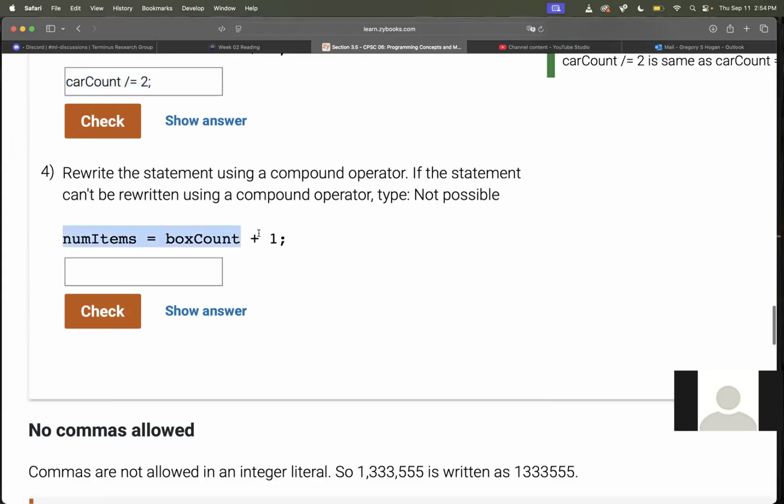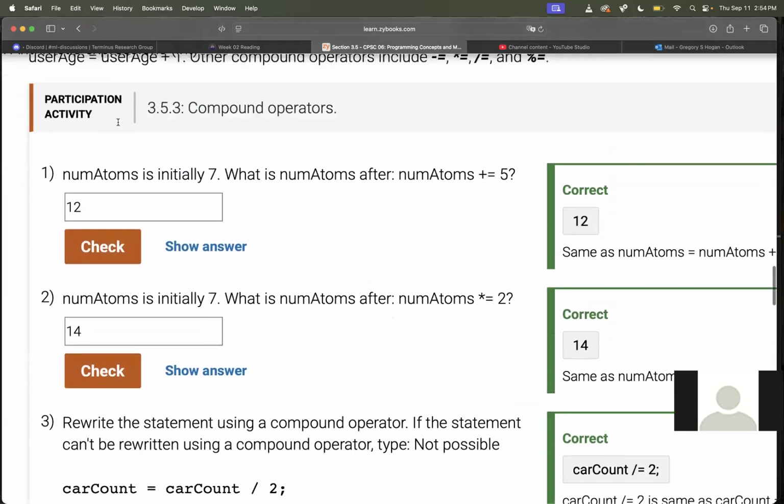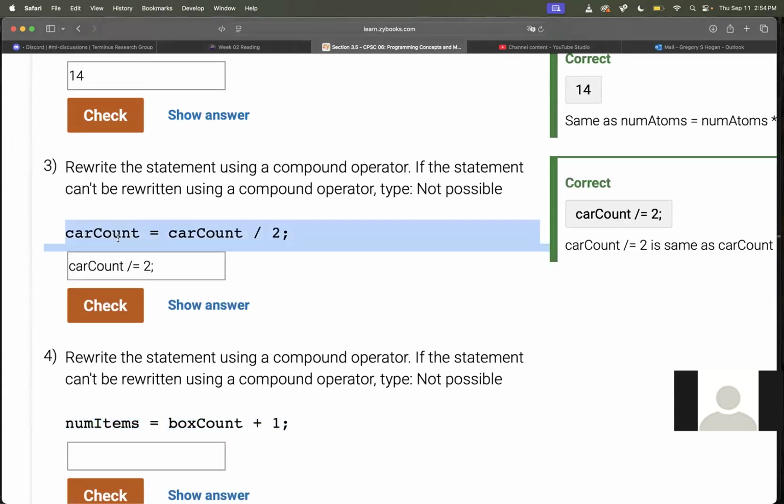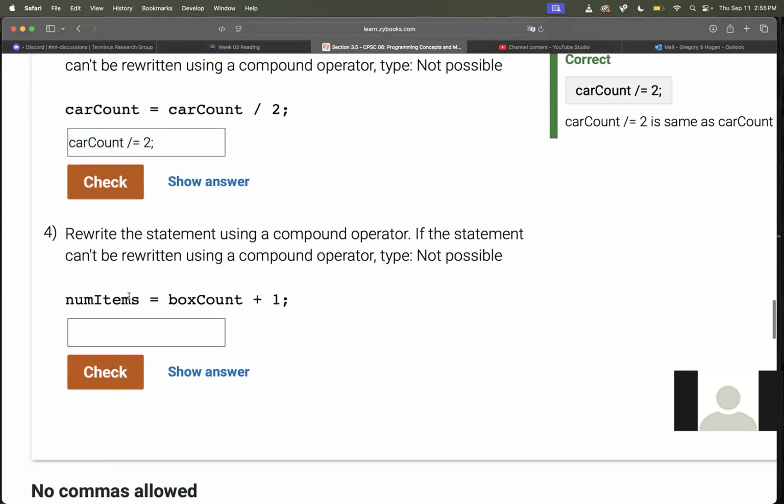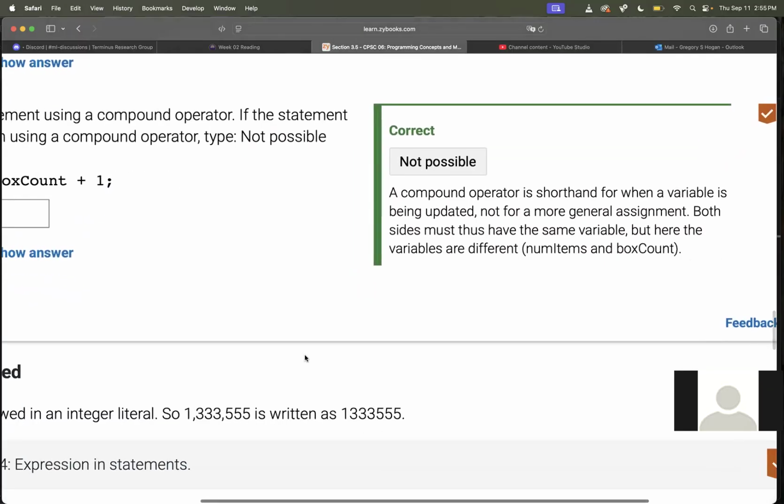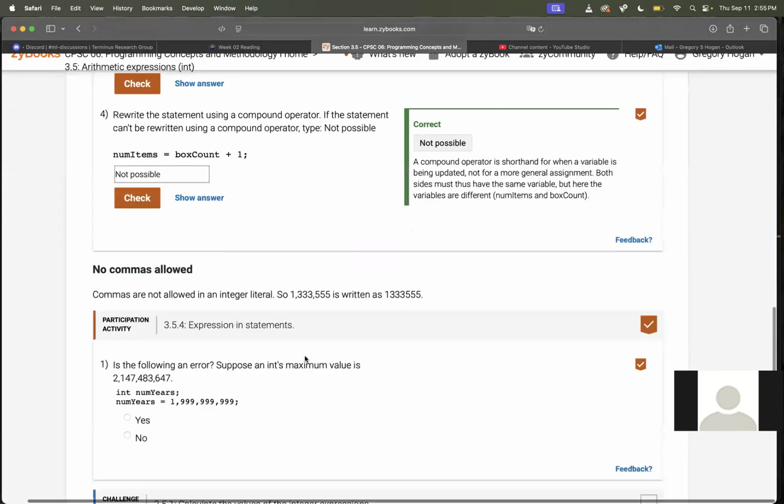This one does not take box count and add 1, it does not take num items and add 1. It kind of does a combination: it takes the box count, adds 1, and assigns the result to a different variable, num items. This is not the same as this one, right? When the variable is the same on both sides, then you can use this notation. When it's different, you can't. So this is not possible. So we'll just copy paste, not possible. And they will explain what I just explained there. Okay.